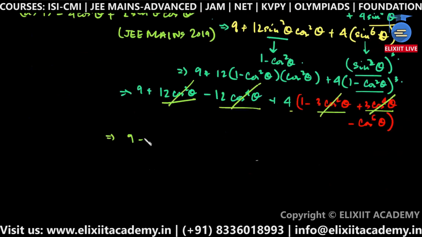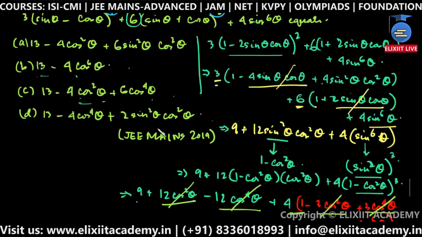So you are left with 9 plus 4 and minus 4 cos to the power 6 theta. So 9 plus 4 is 13 minus 4 cos to the power 6 theta. B is the right answer.